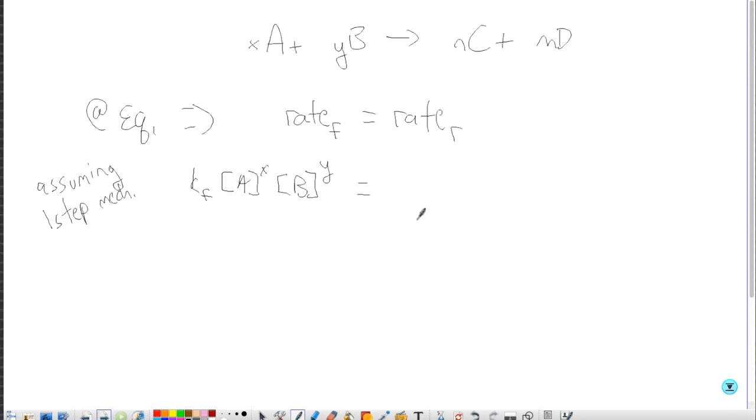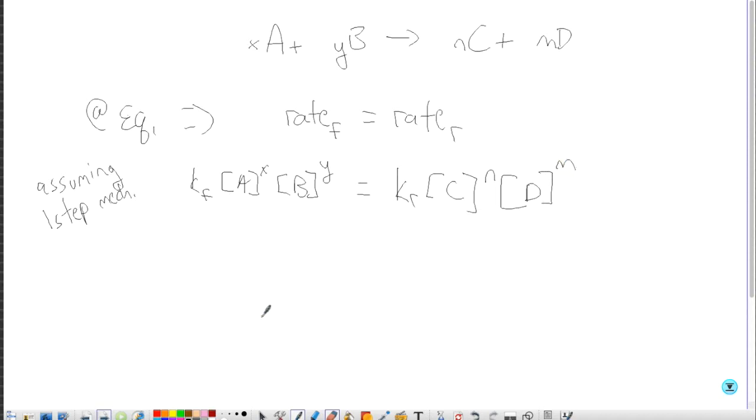But for high school, for intro chemistry, we're just going to assume everything is one step. So the rate of the reverse, we said, was K reverse times concentration of C to the n, sorry, not A. Silly Mr. Ryan. Concentration of C to the n times concentration of D to the m.